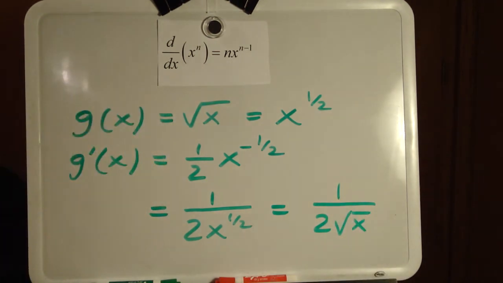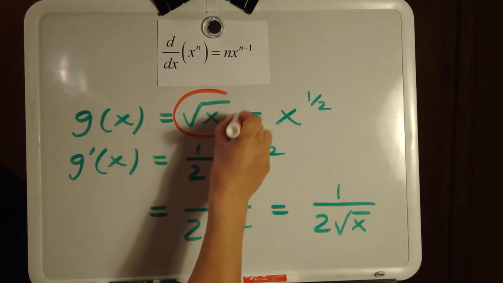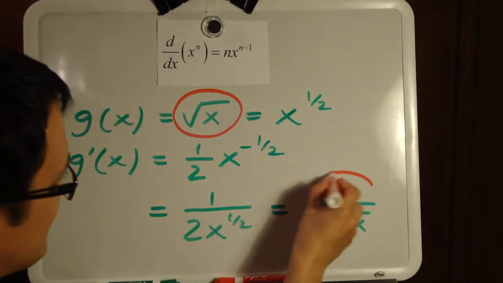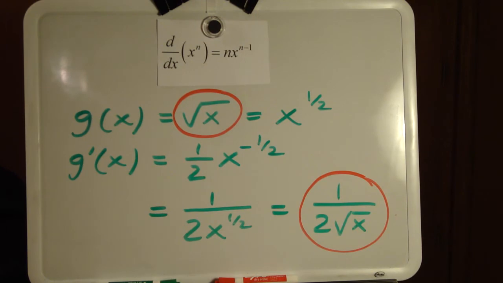So we could express it this way. Again, the big connection to make is that there's a transformation of some sort that has occurred. This is the original function, root x, and this is the derivative, 1 over 2 root x, and it's all about using the power rule.